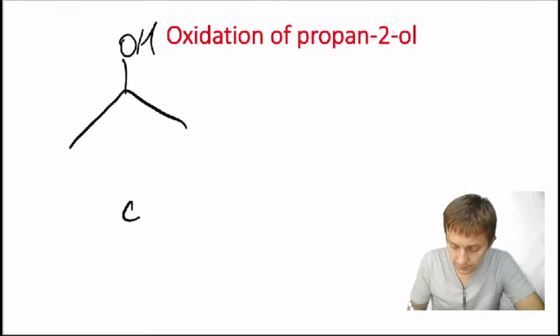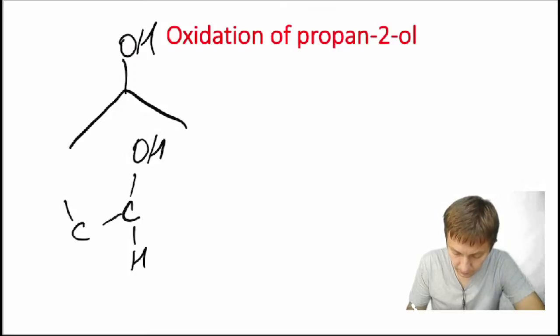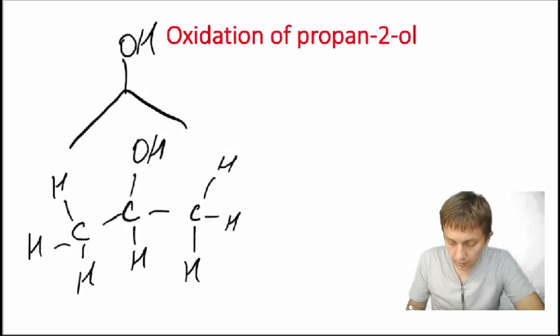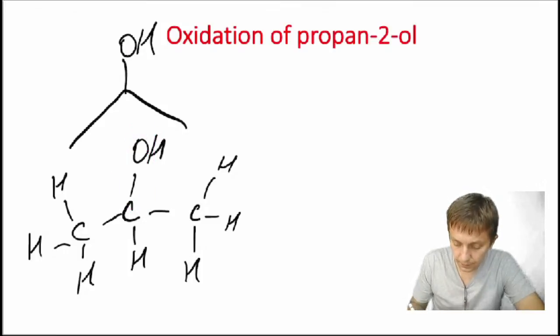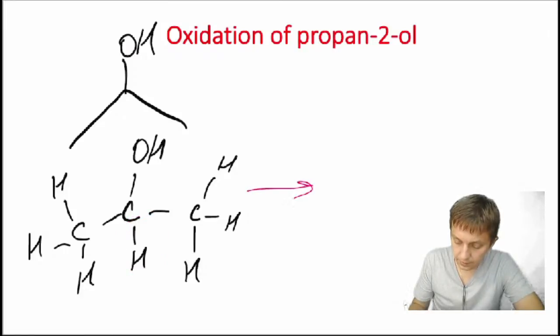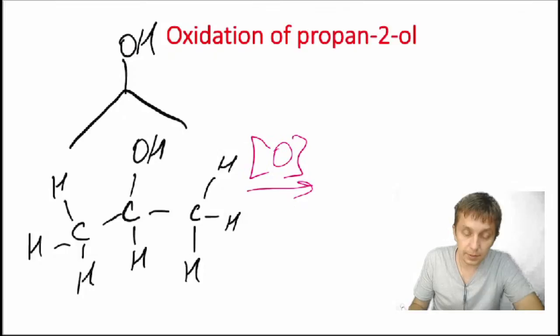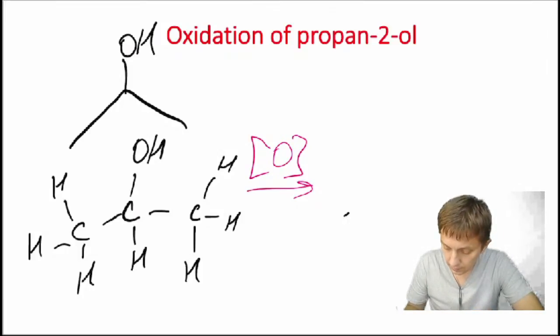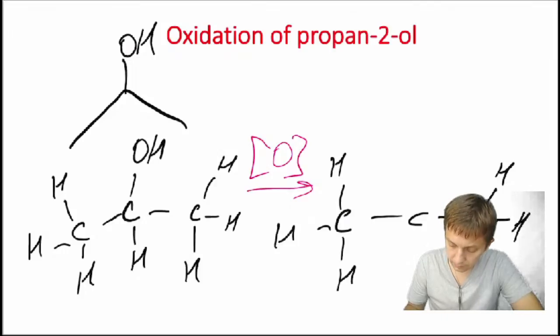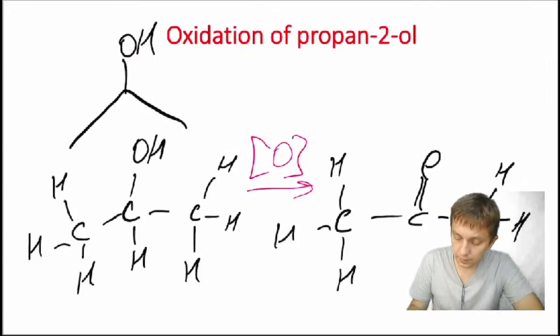If we draw the structure in more detail, this bond can be oxidized, and in the presence of some oxidizing agent, it's transformed into this compound, and additionally water is produced.